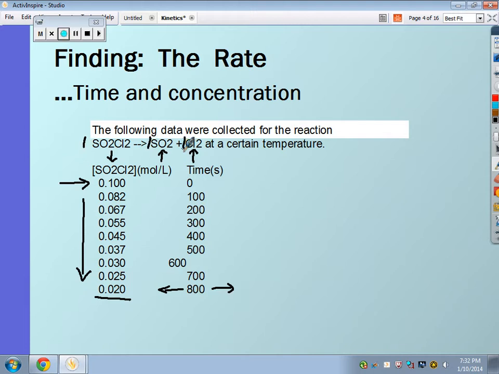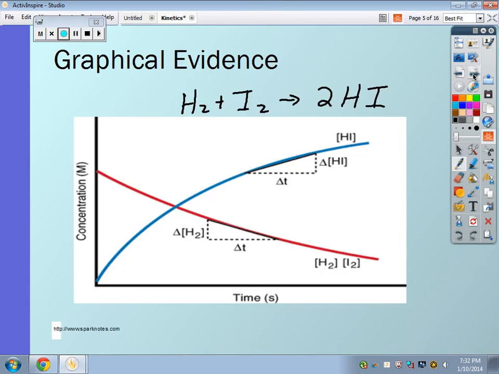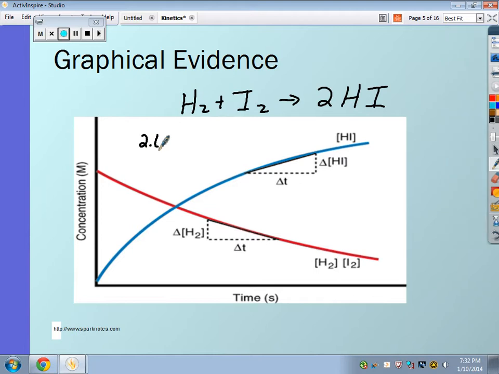So let's go over here for a second. And let's just say that I know that H2 is going away at a rate of 2.6 times 10 to the -4th molarity, and it's negative. I just made that up, pulled it out of the blue.